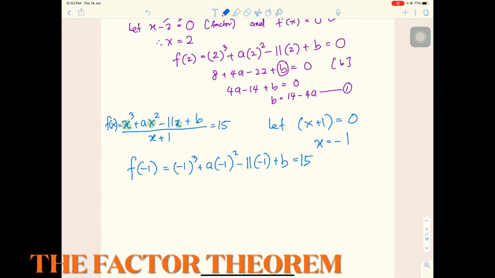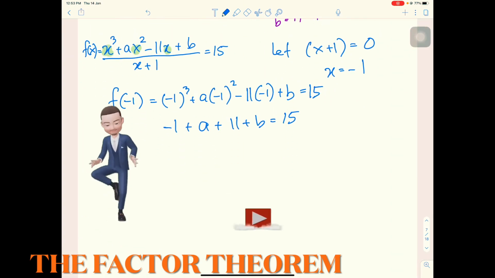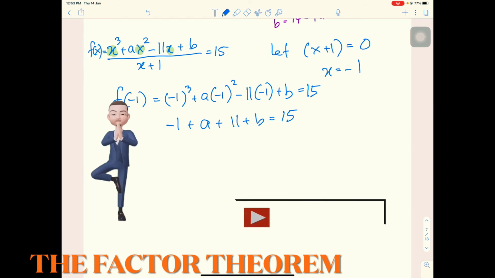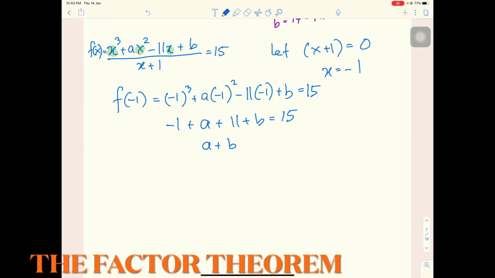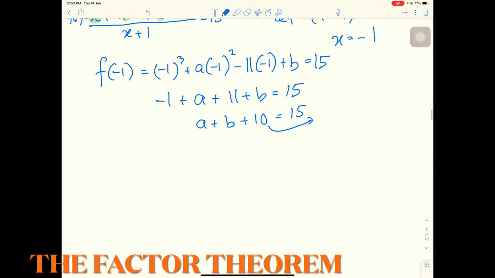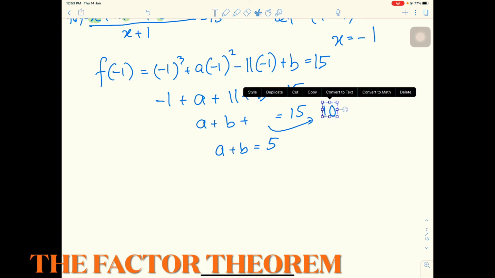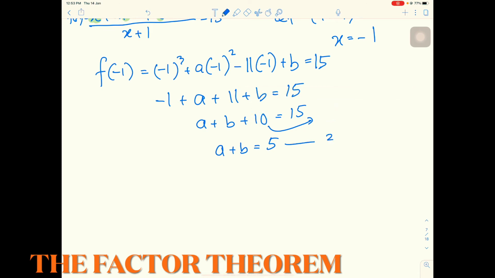Then simplify, so we get negative 1 plus a plus 11 plus b equals 15. So a plus b plus 10 equals 15, and bring 10 to the right hand side, so it becomes minus 10. So you get a plus b equals 5. This is equation 2.